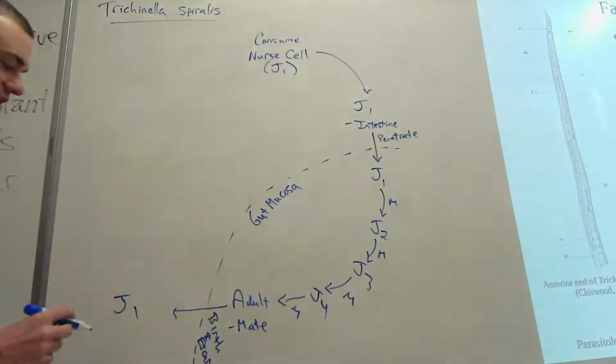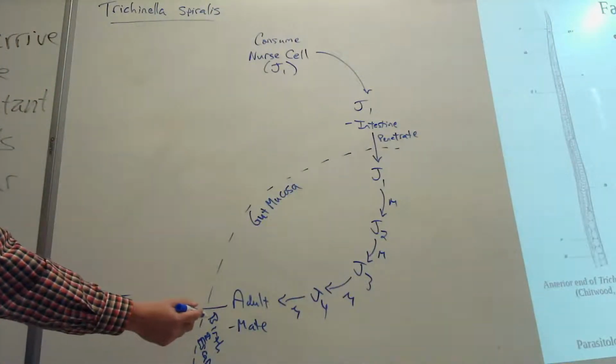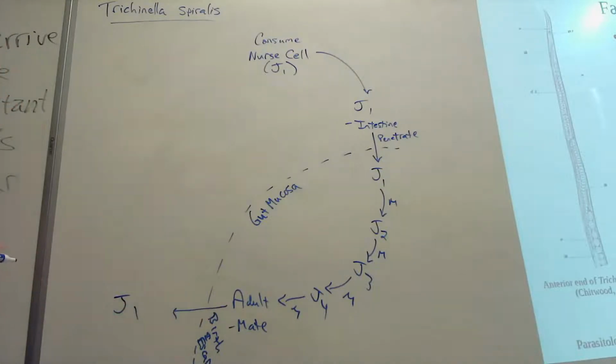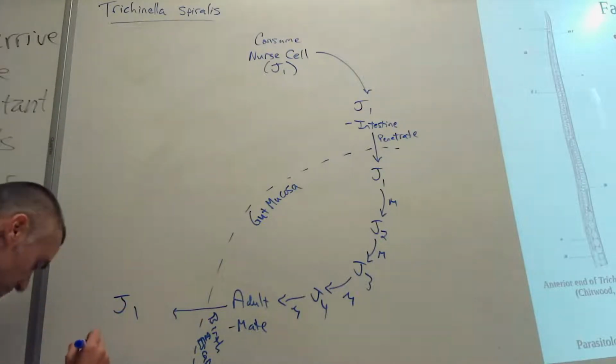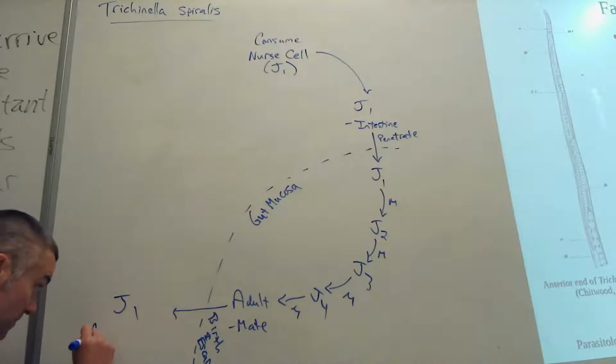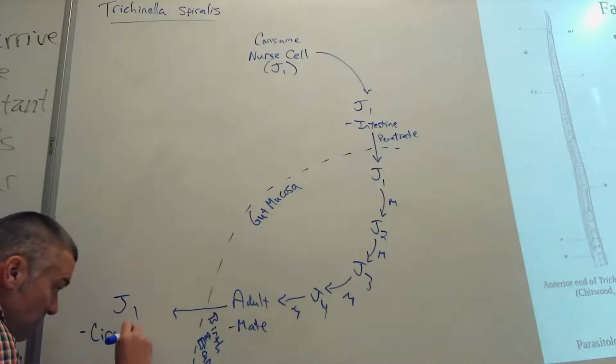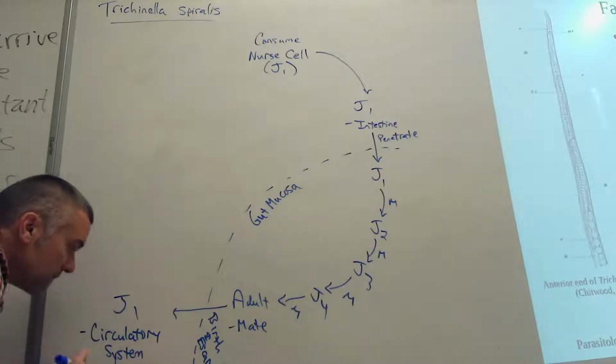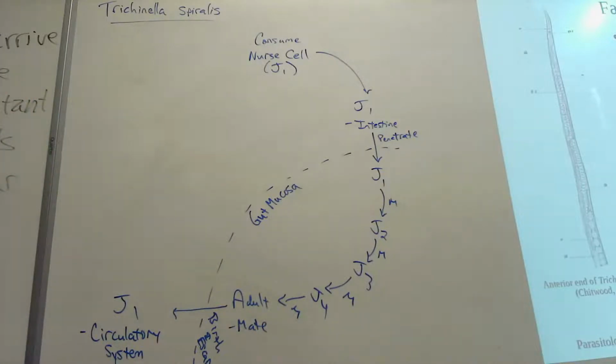So the J1s are going to be born out of the uterus, and then escape out of the gut mucosa. Once they escape, they enter the circulatory system, where they travel through various parts of the body. And they're going to escape that circulatory system and go into various organs, cells and tissues.